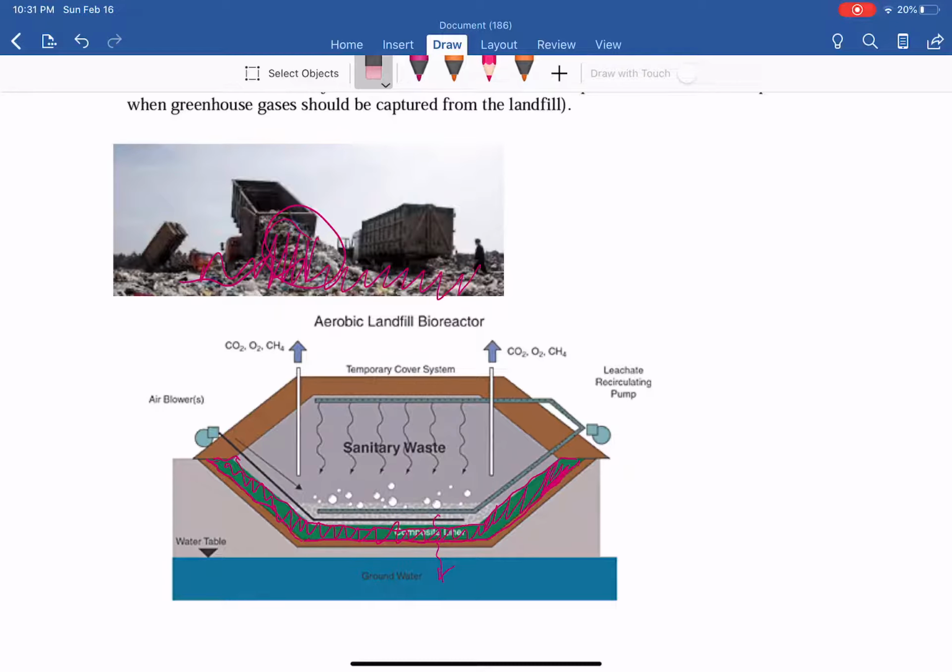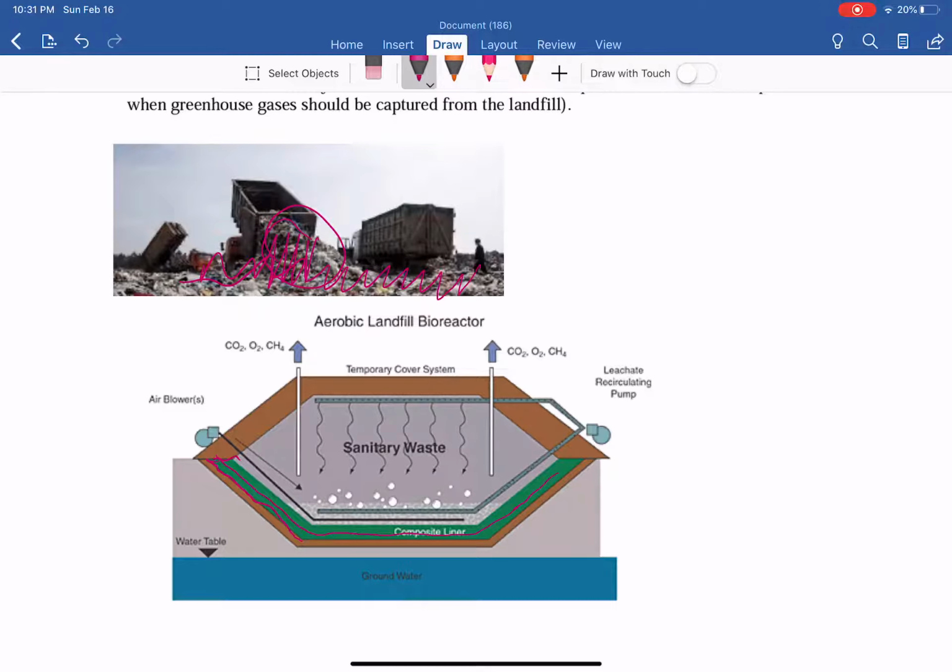And the waste is here. You can see that the waste is here. So this is the trash. They dump it here and they do compaction. Okay? So after this, you can see that this is the liner all the way down.